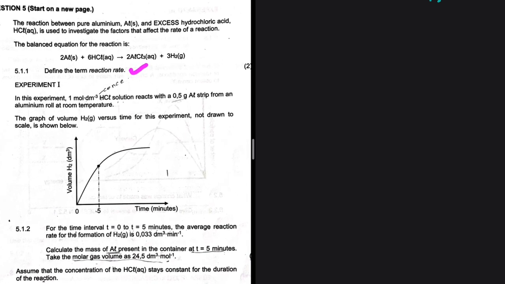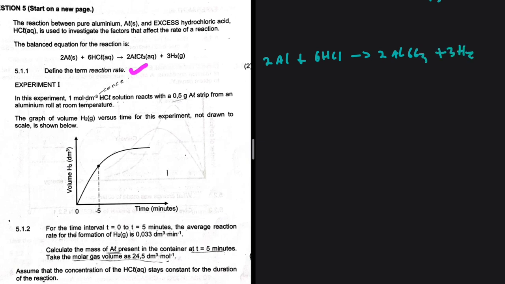So let's go through the question statement. The reaction between pure aluminium and excess hydrochloric acid is used to investigate the factors that affect the rate of reaction. So we have 2Al plus 6HCl to give us 2AlCl3 plus 3H2.